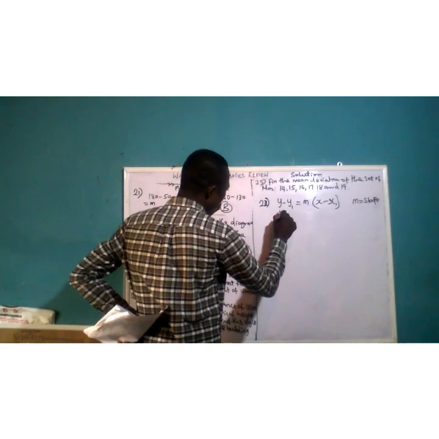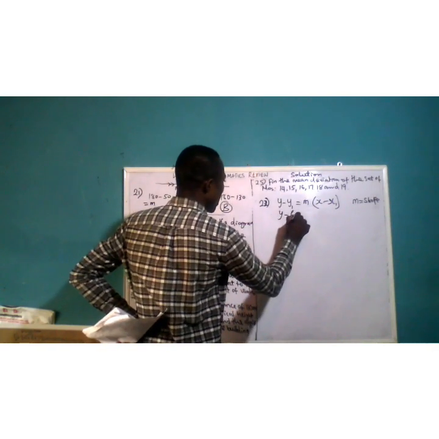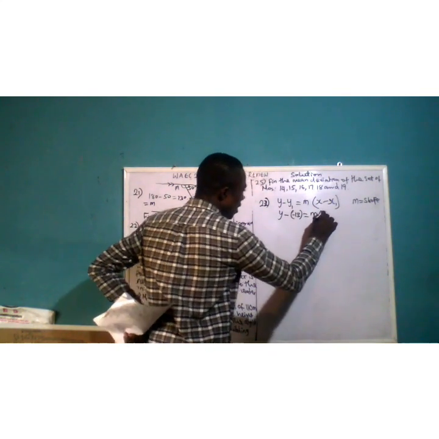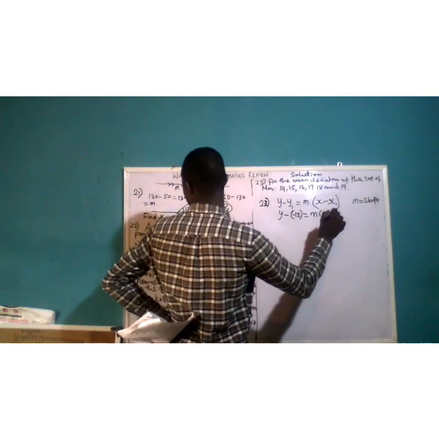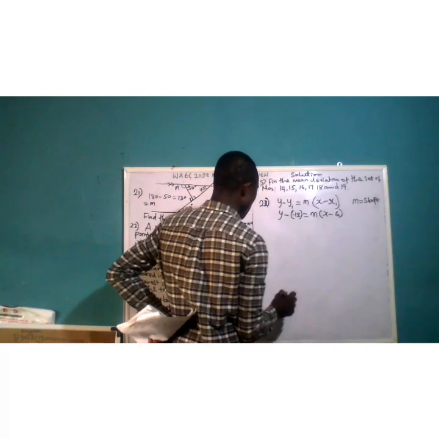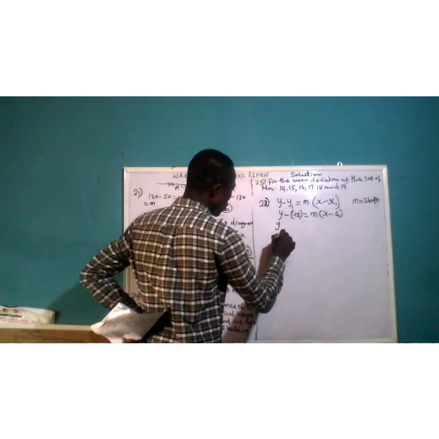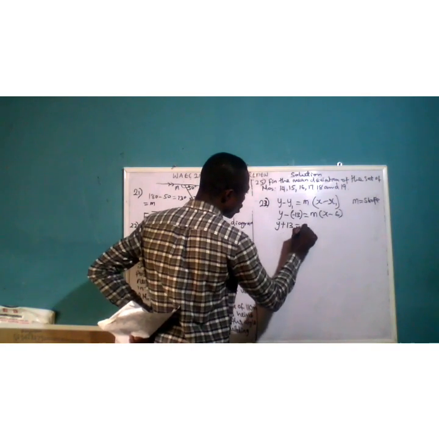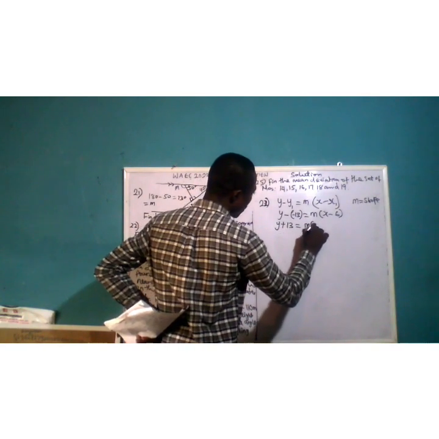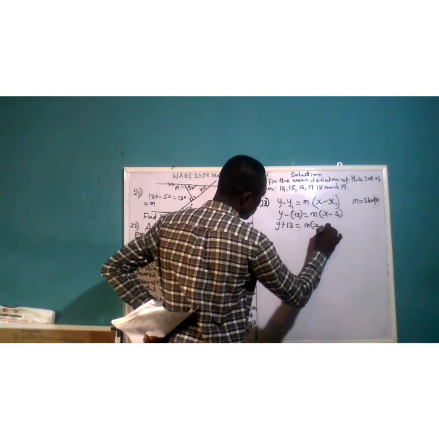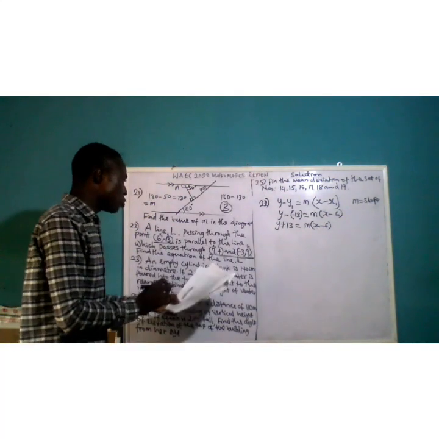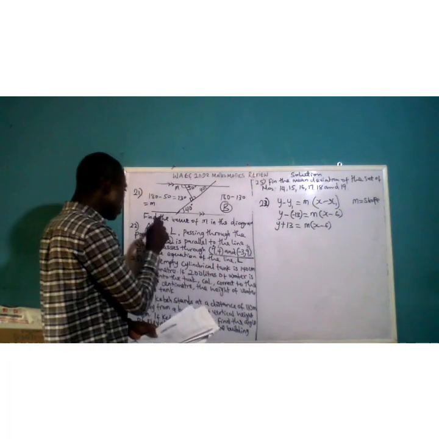You have y minus (-13) equals m open bracket x minus 6, okay, and this gives us minus times minus, that will be plus, so you have y plus 13 equals m open bracket x minus 6. That this line is parallel to this line is the assurance that their slopes will be the same.